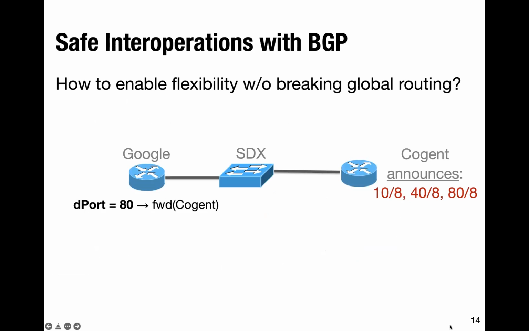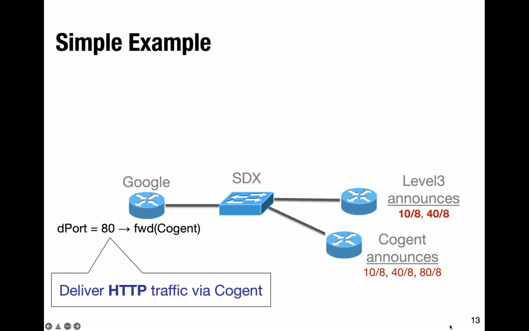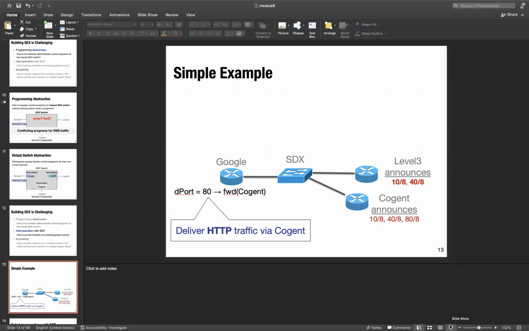So let's consider this setup where we have the same three participants at the exchange point. You can still see my screen, right? The policy that Google wants to apply is that if the destination port is 80, then the traffic should be forwarded to Cogent.